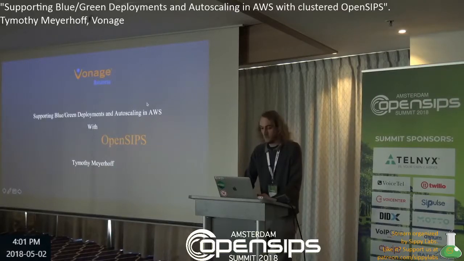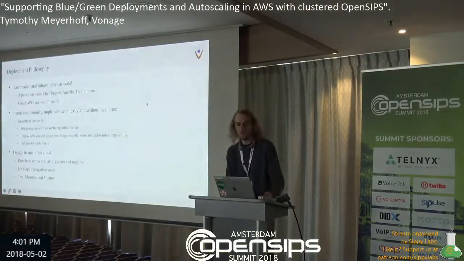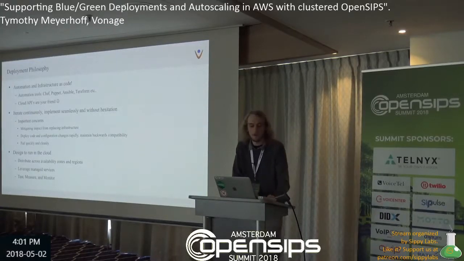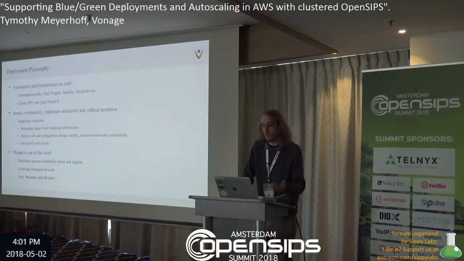To get started, our general deployment philosophy is treating our automation and infrastructure as code. We build heavily on open source frameworks and tools like Ansible. This way we can iterate continuously, implement seamlessly, and do it without hesitation.